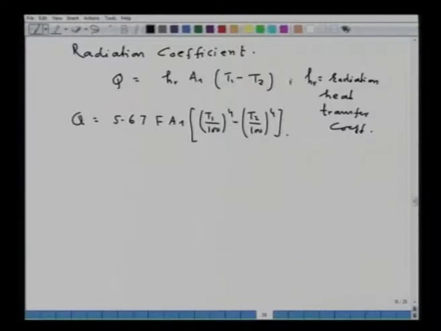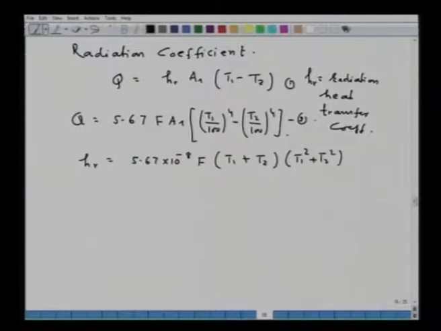Now, if we compare equation 1 and equation 2, then we can get the HR value, that will be equal to 5.67 into 10 to the power minus 8 into F into (T1 plus T2) into (T1 square plus T2 square). It is very simple. You just compare 1 and 2, eliminate, and you will get the value of HR. So, this is how the heat transfer coefficient can be determined using this formula.